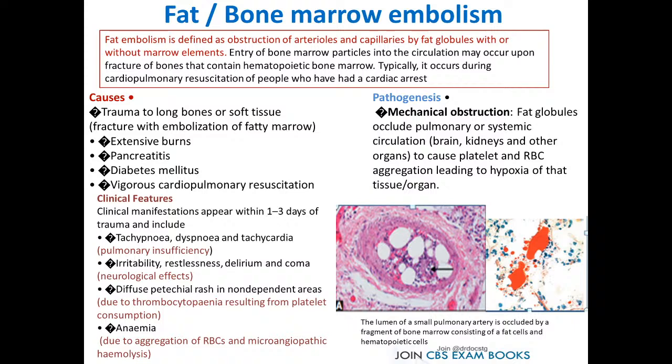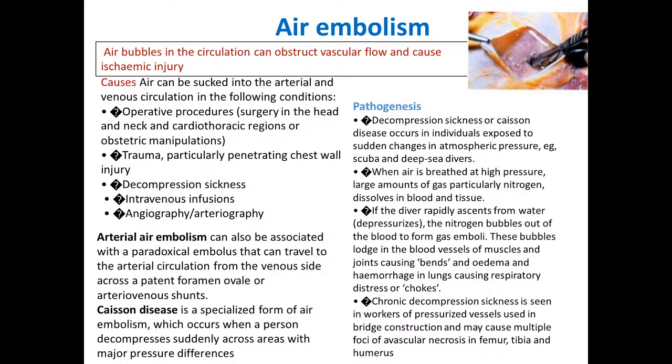Fat globules occlude pulmonary or systemic circulation, brain, kidneys, and other organs, causing platelet and red blood cell aggregation, leading to hypoxia of the tissue and organ.